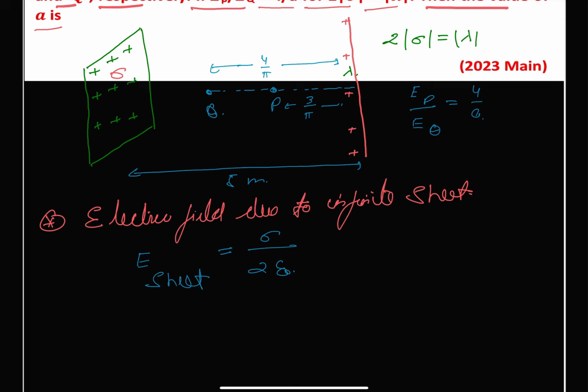In case of sheet, we have to keep in mind that the electric field is independent of the distance. It means how much distance this P and Q are from our sheet, it doesn't matter.